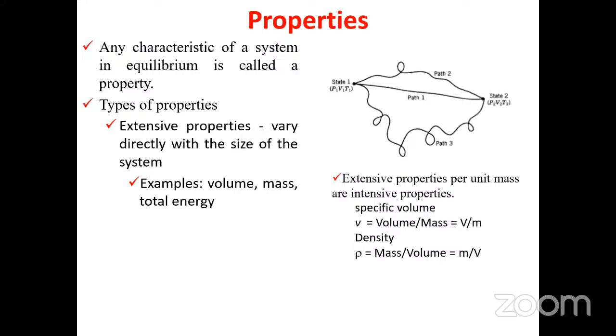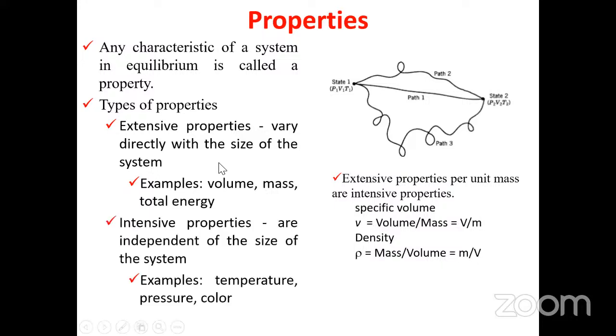So we have different types of properties. We have extensive properties and we have intensive properties. I will give you some examples of extensive properties. Examples of extensive properties are volume, mass, and total energy.